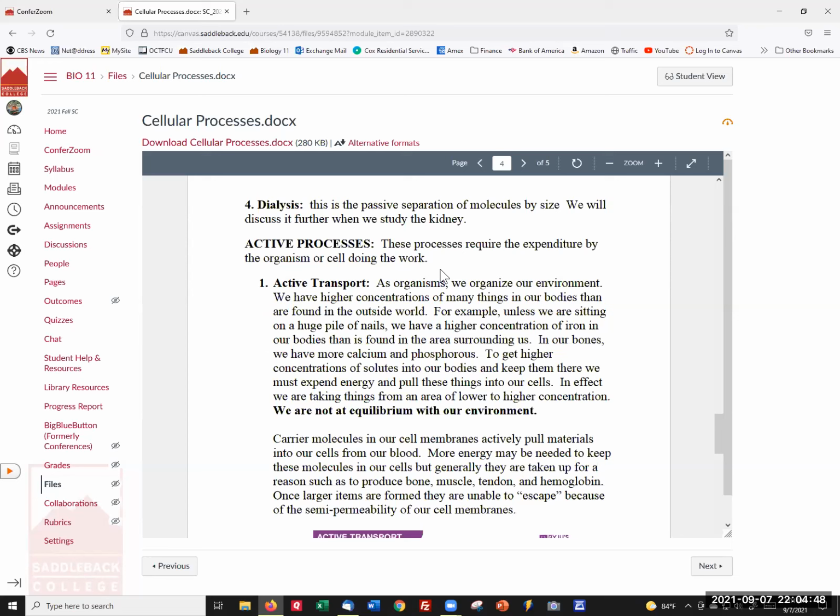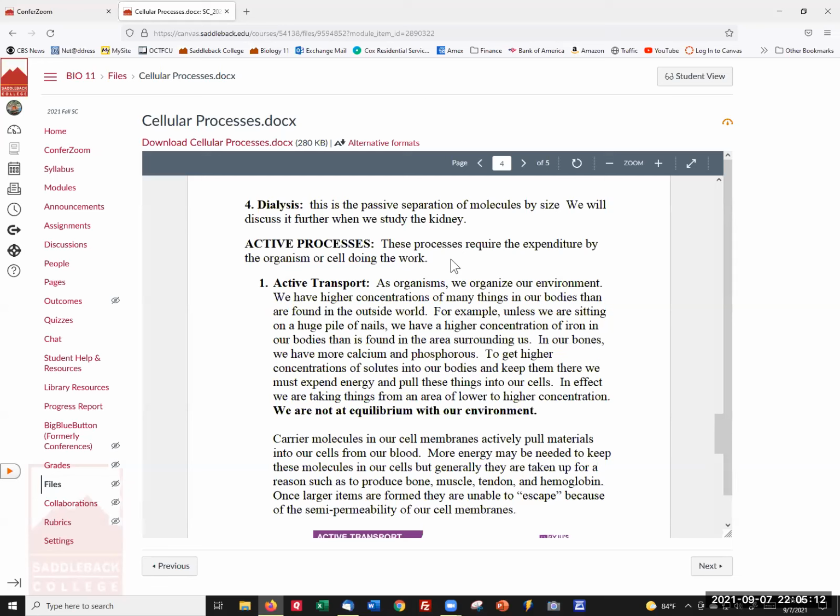Anytime you concentrate something, whether it's bricks or money, you probably have to do work in order to do it. Okay. We as organisms here are part of the universe, and the universe is essentially running downhill. In other words, becoming more and more dispersed.